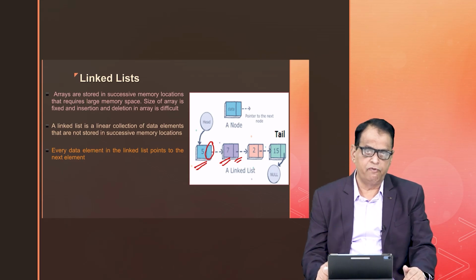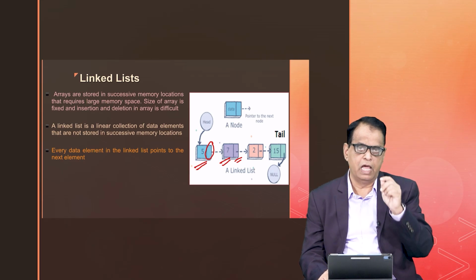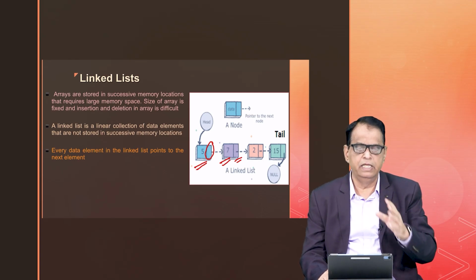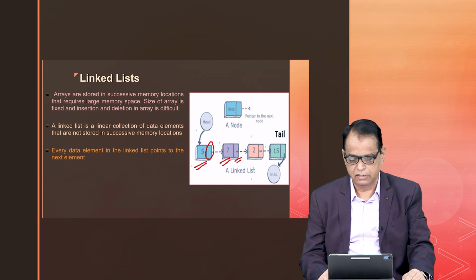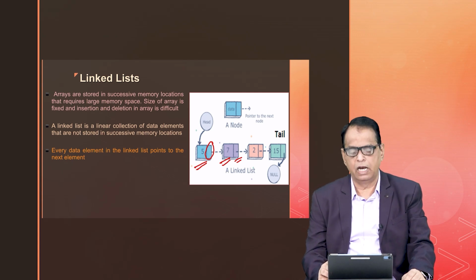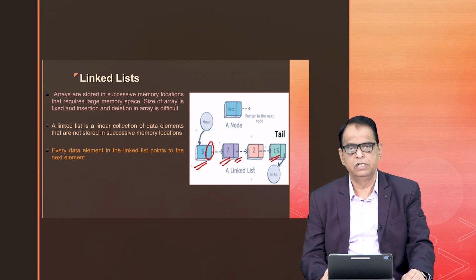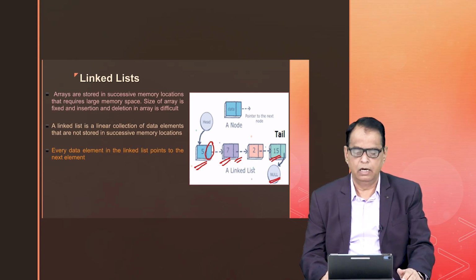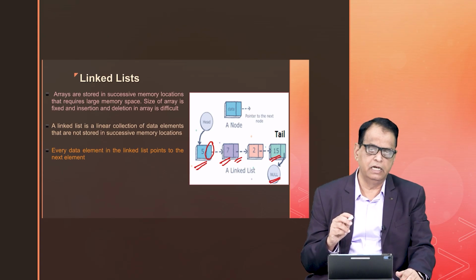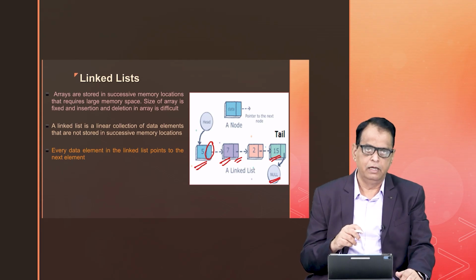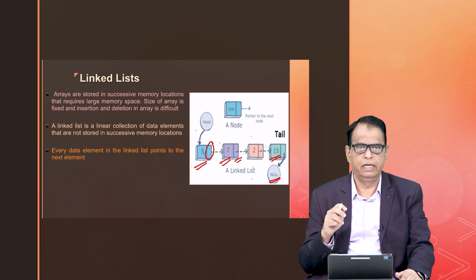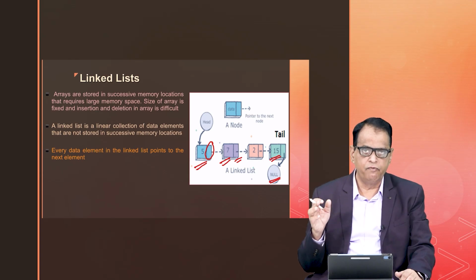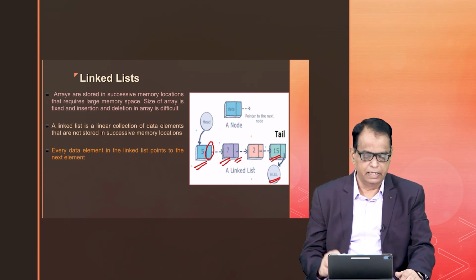In this way, every element will have a link to the next element, and that is the reason this list is called a linked list. And finally, we have the last element of the linked list, of which the value is 15, and the pointer will point to null. So, the last element of the linked list will also hold a pointer, but the pointer value in the case of the last element is equal to null. That indicates that there are no further elements present in the linked list.